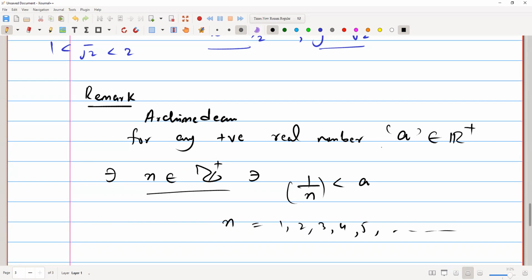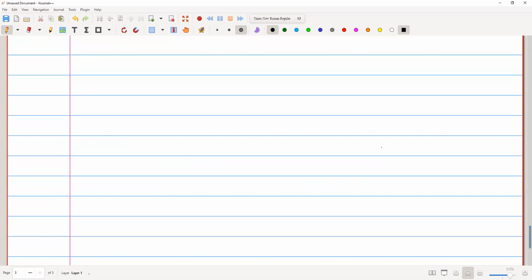And then we have the completeness property of the field of real numbers. So we'll talk about the completeness property, the last property.